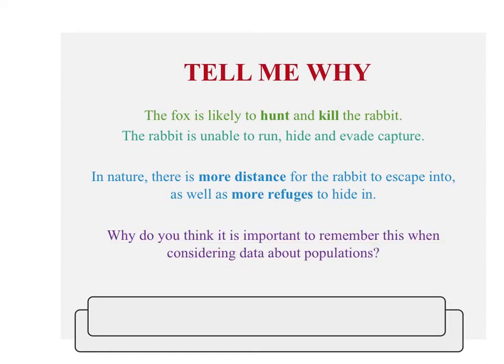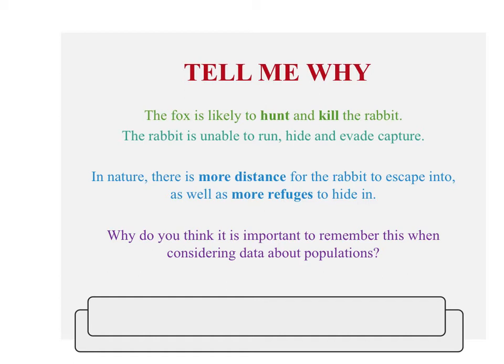And when we consider populations, we've got to think about the background, the process of sampling. Because population data is very subject to bias, especially scientific bias, where the scientists, the investigators, pick areas because they think that there's going to be more organisms there and it's better to sample.